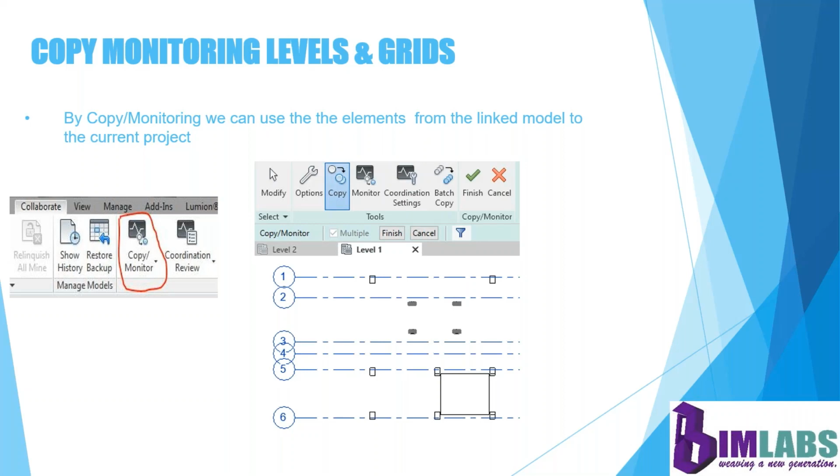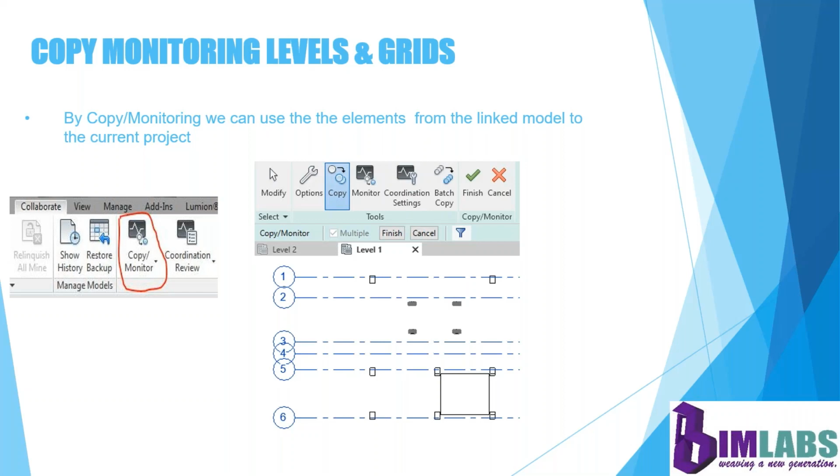But when you come to structure, that architectural slab should be replaced by a concrete slab. And in the same way, the architectural column should be replaced by a structural column. So we should not have two components, a structural component as well as an architectural component. So you can just copy everything you want and use it.